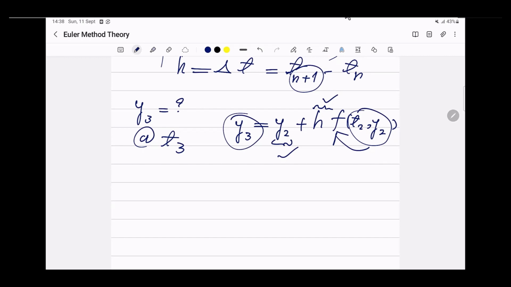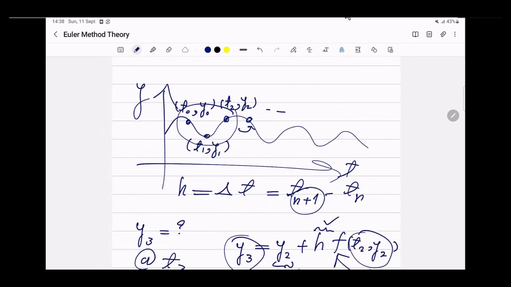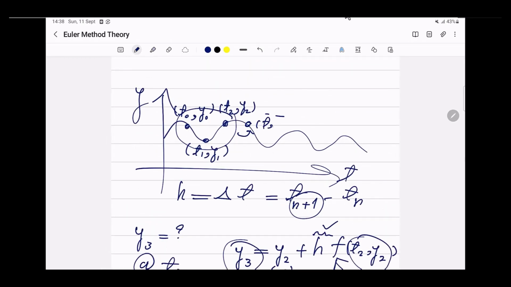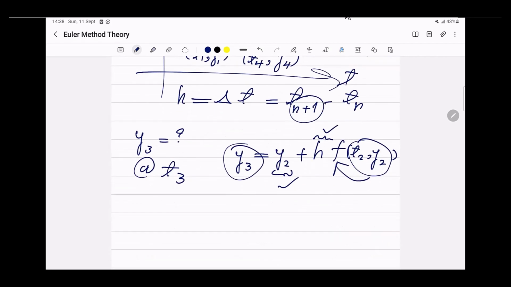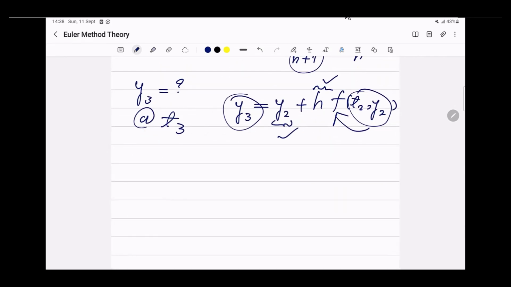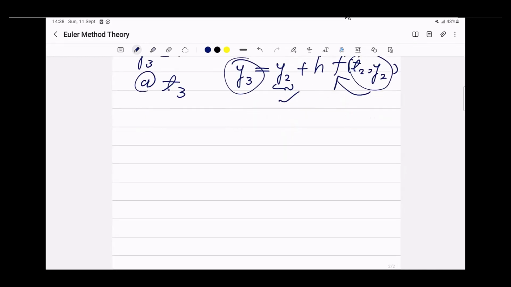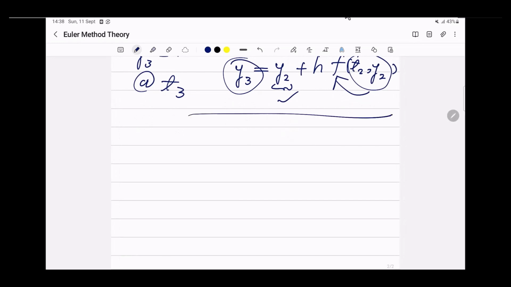Now that you have t3, y3, you could ask yourself, okay, what about t4, y4? You could just repeat this process and go on and on. It's kind of an iterative process. You're constantly iterating in order to get to a certain point. Let's draw a diagram here.